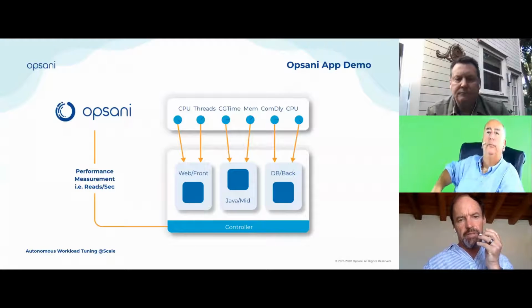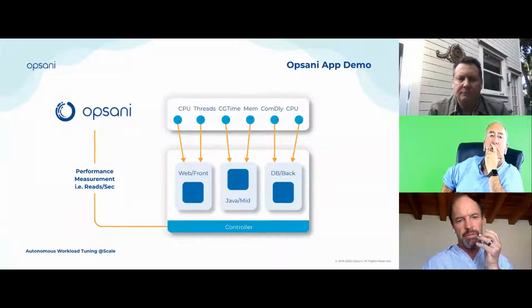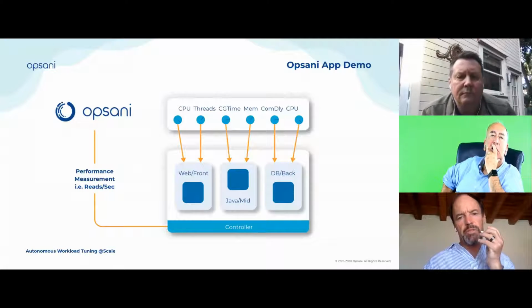Let's say we want to adjust the amount of CPU that the front end has, and because it's Apache, the number of worker threads it's running. And on the Java mid-tier, we're not sure what garbage collection time interval to use, so we're going to let that be set by the machine as well, as well as the memory. And we're going to say it's Postgres on the back end.